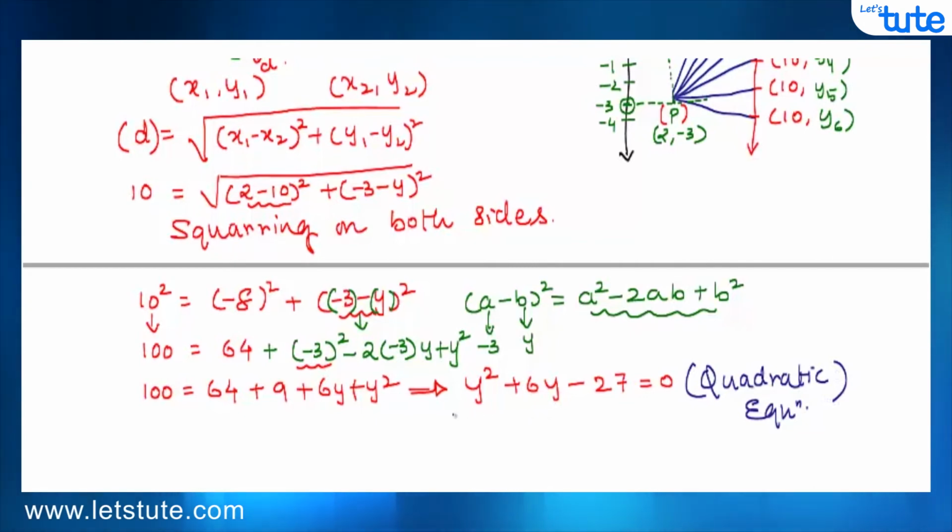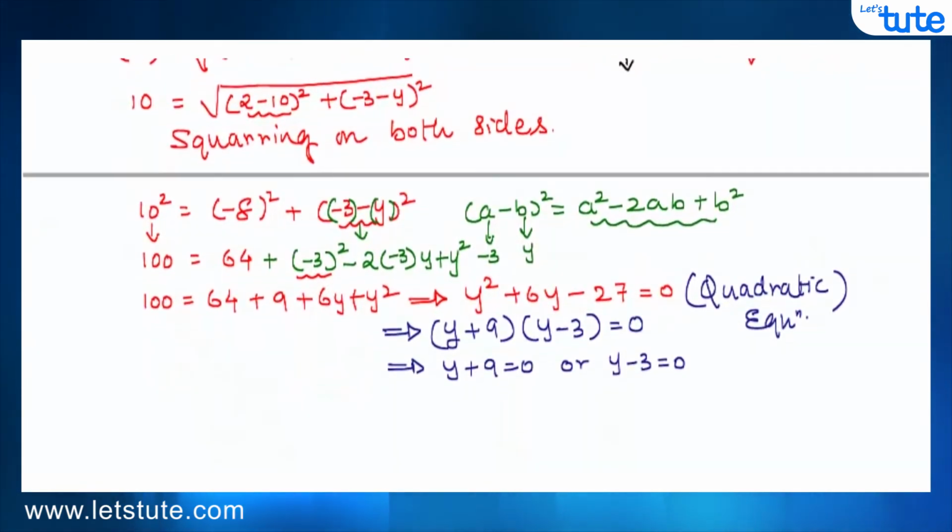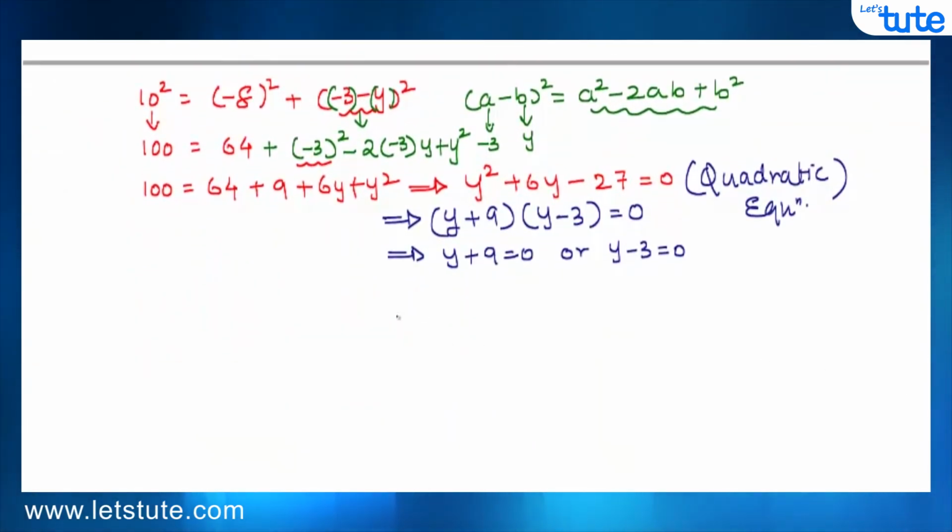Okay, and we all know how to solve this quadratic equation. We can use the factorization method. So on factorizing, what will we get? We will get y plus 9 and y minus 3 as our factors. So from this, we will get y plus 9 equals 0 or y minus 3 equals 0. So from this, what we'll get?